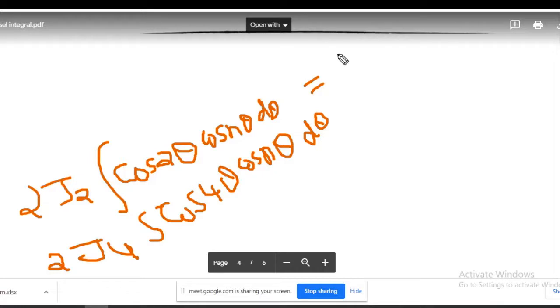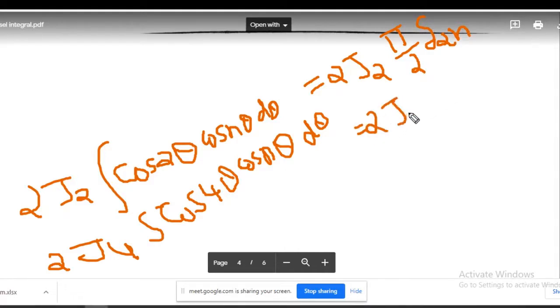This will be equal to 2j2 pi by 2 delta 2n, then 2j4 pi by 2 delta 4n.